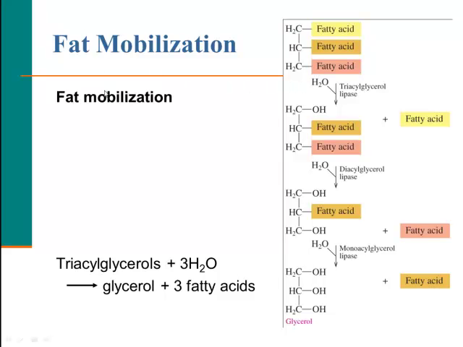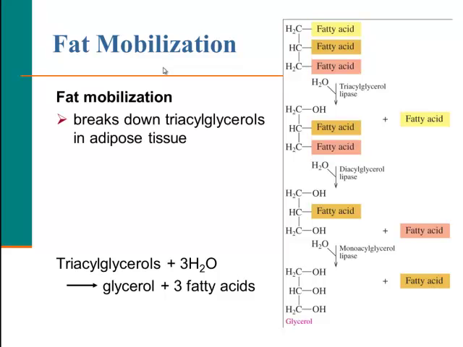So fat mobilization is going to be in response to low blood glucose and a depletion of glycogen stores. So when fats are mobilized for energy, the adipose cell is going to break these triacylglycerols down into smaller units that can go back into the blood and be utilized by other cells.